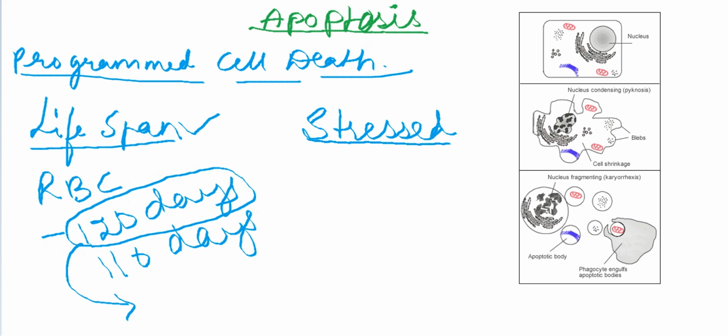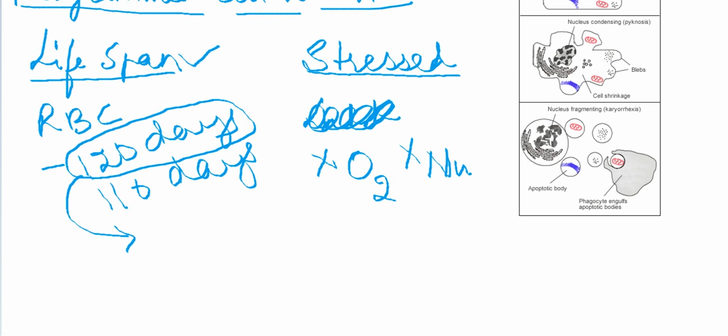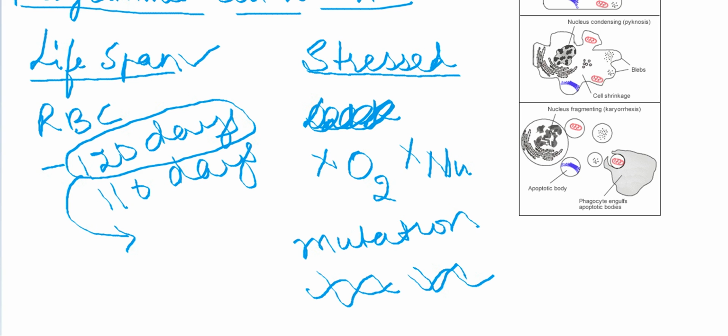Now the cells, when they are in stress conditions, means they might lack oxygen, they might lack certain nutrients, or else certain mutations may have taken place in the DNA, and the DNA has broken down, or there are certain lesions in the DNA, so the cell is no longer a healthy cell.